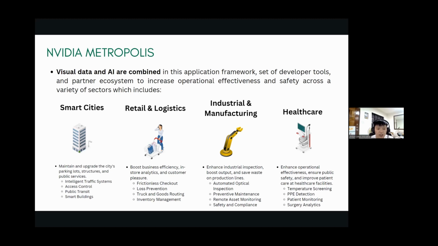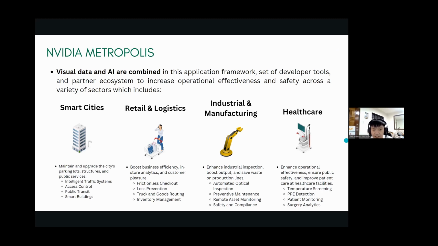This is to maintain and upgrade the city's parking lots, structures, and public services, like intelligent traffic systems, access control, public transit, and smart buildings. It also includes retail and logistics, which boosts business efficiency, in-store analytics, and customer pleasure through frictionless checkout, loss prevention, truck and goods routing, and inventory management.